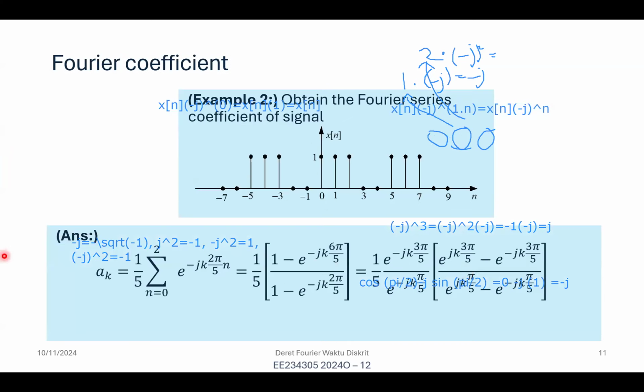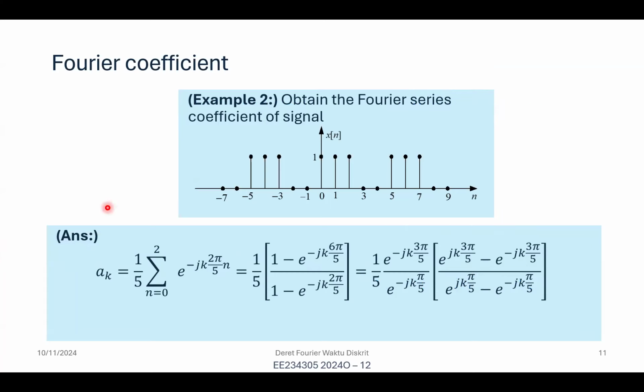Okay, now another example is that we are interested to find the Fourier series coefficient of the signal. This one is not in the form of the difference sequence, but it's the same, and now we can get some patterns.